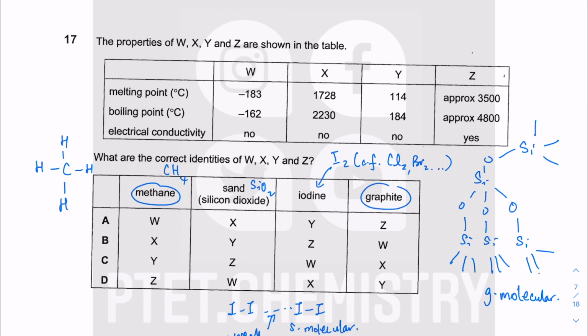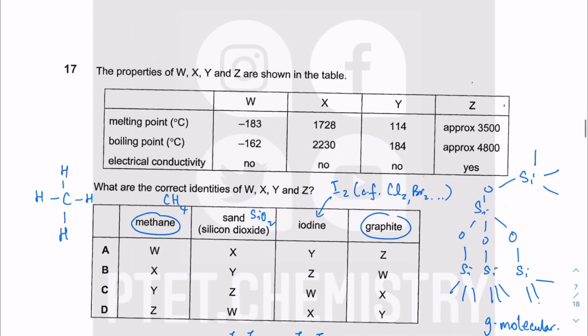Graphite is basically carbon, but not bonded to 4 other carbons. It's like a layer structure. Again, you should be able to freehand sketch graphite. Okay, and then I'm trying to draw the other layer.